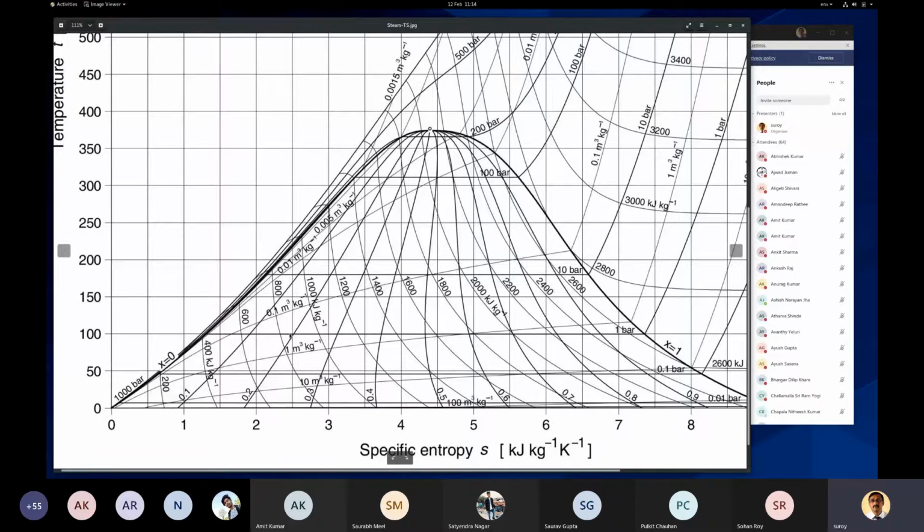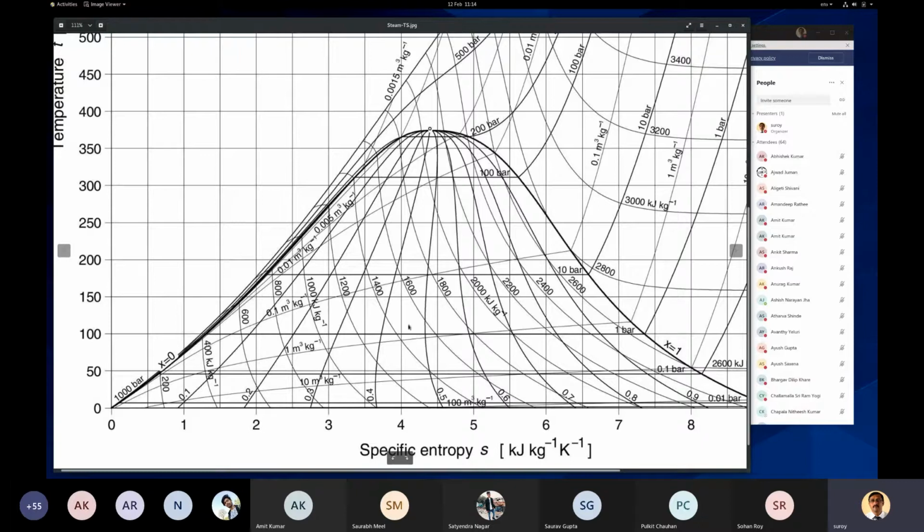And this is a constant pressure line, constant pressure going up. This is 1 bar constant pressure, atmospheric pressure. You can see here the temperature is constant, pressure is also constant, when the phase change is taking place from x equal to 0, which is the liquid, to x equal to 1, which is the saturated vapor.